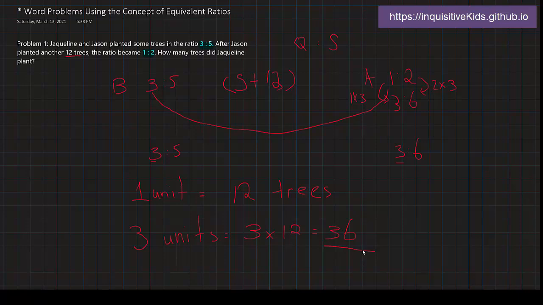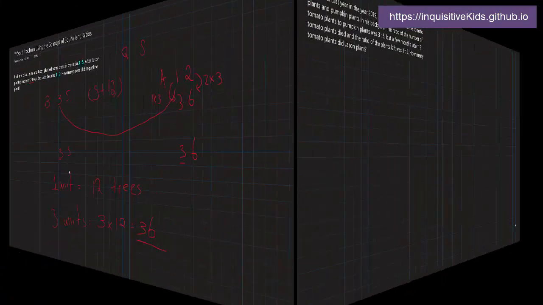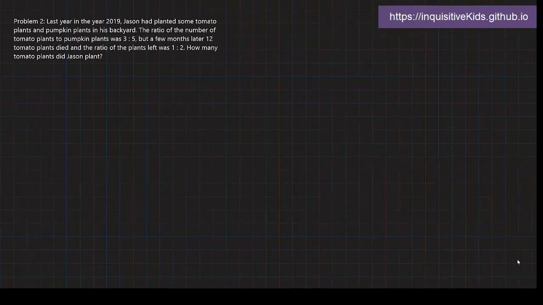Then all we had to do was take the 3 units over here from Jaqueline's unit of the ratio and then multiply that to 12, which is 3 times 12, which is 36. So the final answer is 36. Jaqueline planted 36 trees. So now let's take a look at problem 2.